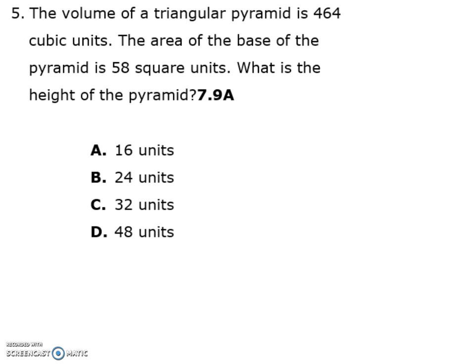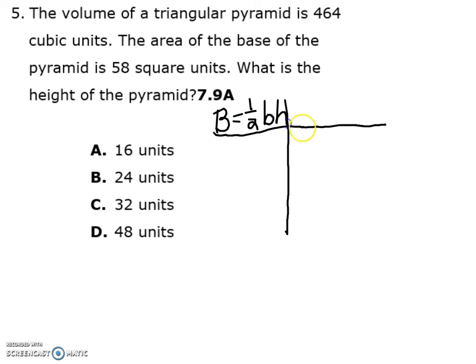Okay, question number 5. The volume of the triangular pyramid is 464 cubic units. The area of the base of the pyramid is 58 square units. What is the height of the pyramid? Well, we're going to be working backwards, but we have the area of the base. The base of this is a triangle, 1/2 base times height.